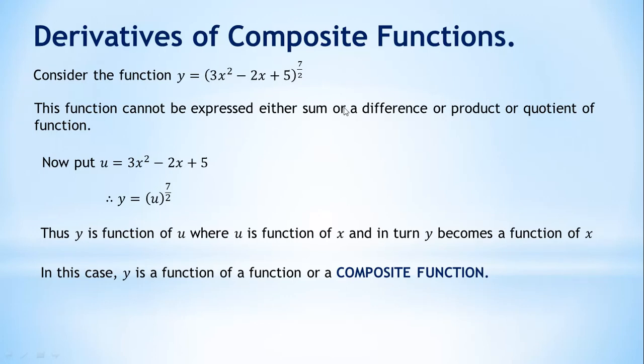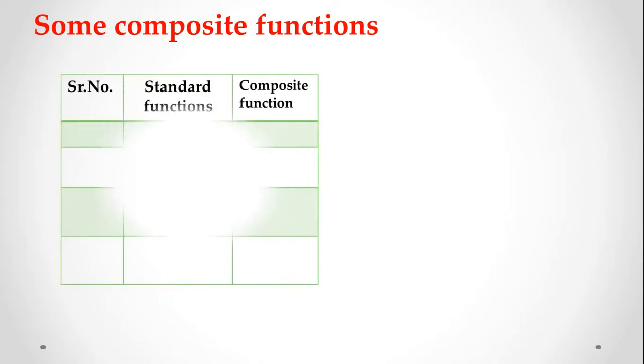So we will discuss this concept with the help of one table. It gives the idea about the composite functions. So let us see the table. Here are the serial number, standard functions and composite functions.